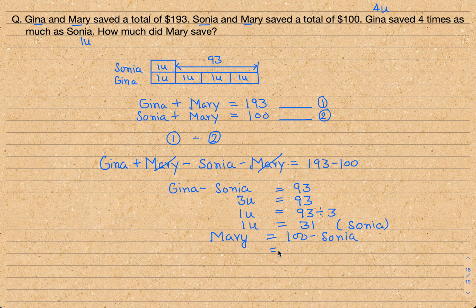And we know that Sonia is having 31. If you subtract 31 from 100, you will get 69. So basically Mary had saved $69. Let's write our final answer quickly. So Mary saved $69.